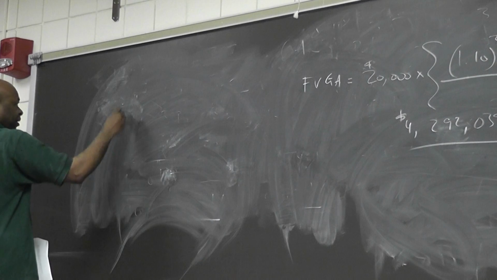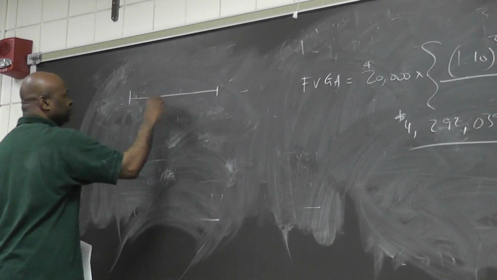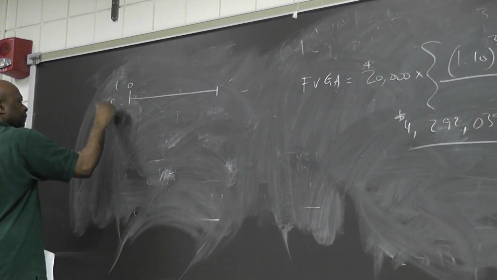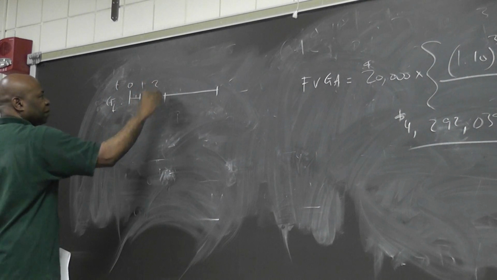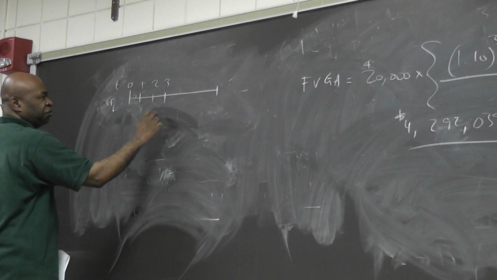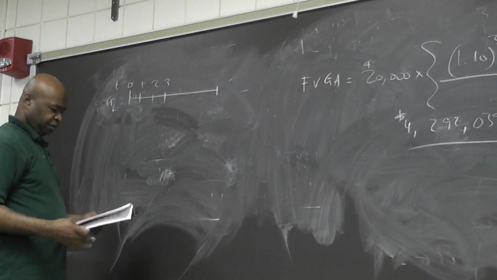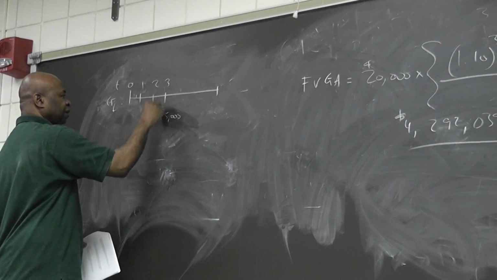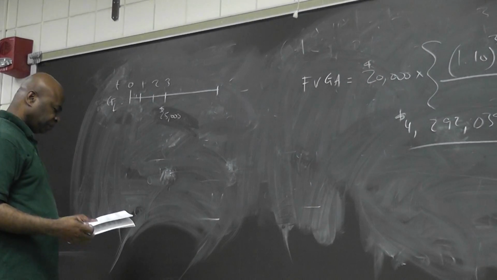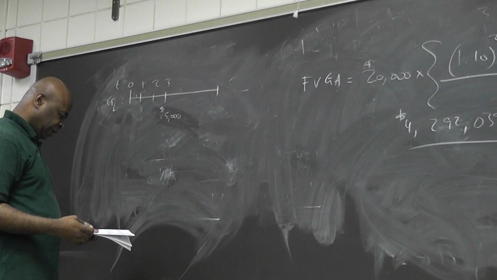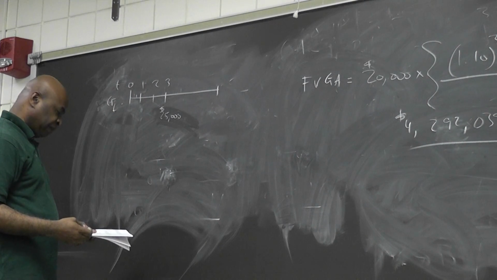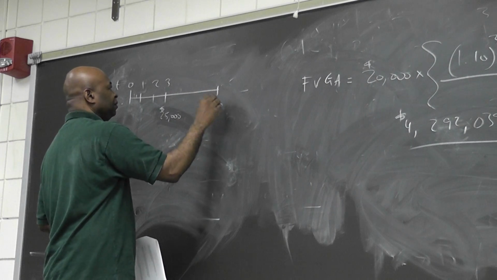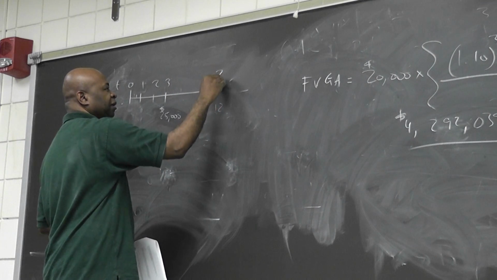Okay, this is what the timeline says. In 3 years, you are going to receive 25,000, and then you are going to save this amount until you have 120,000 at some point in the future, right?